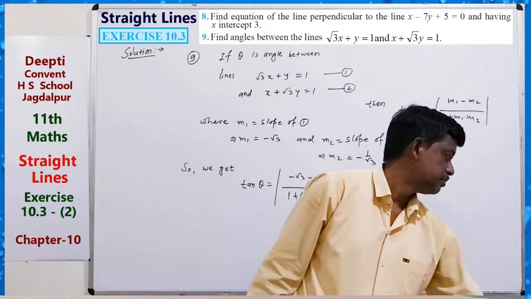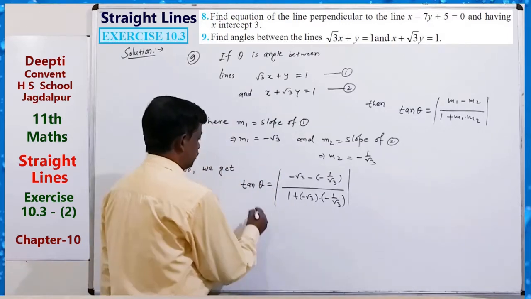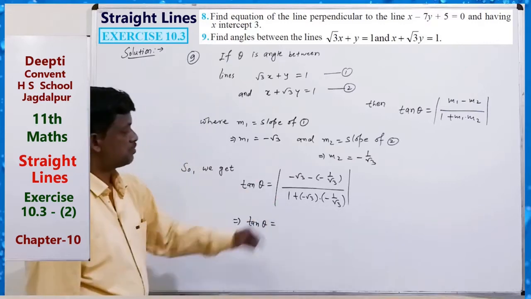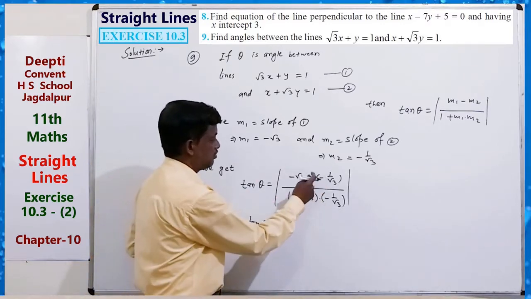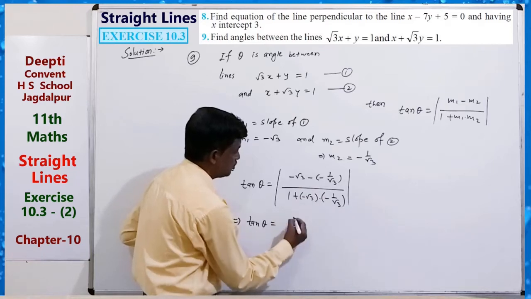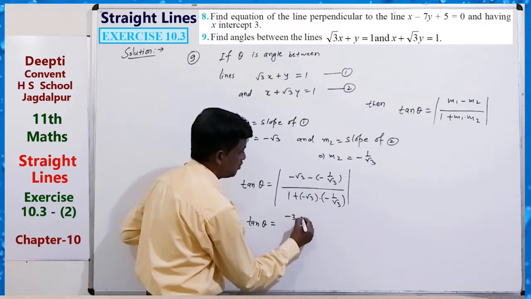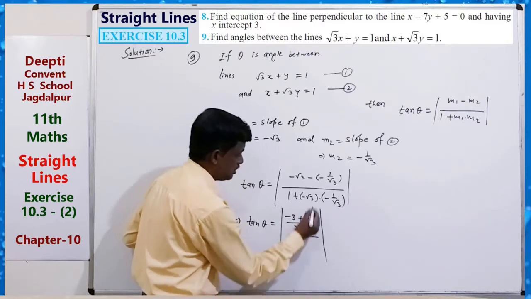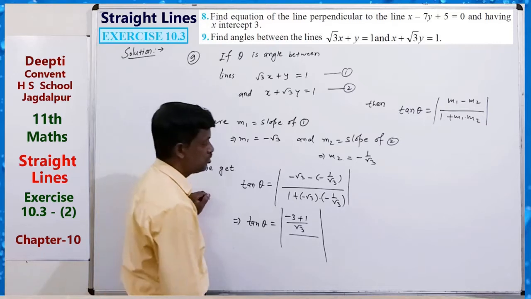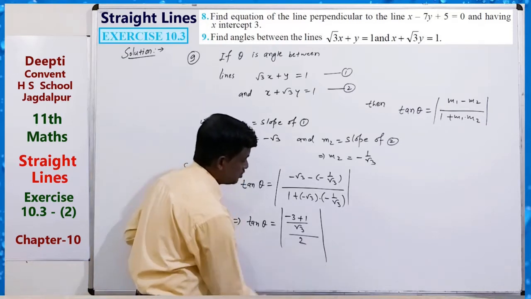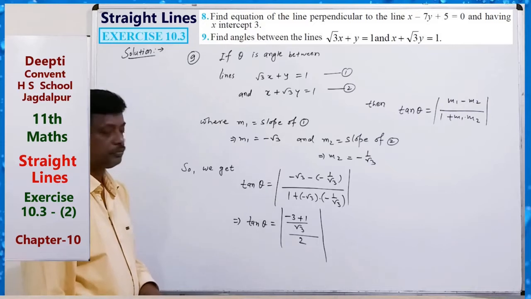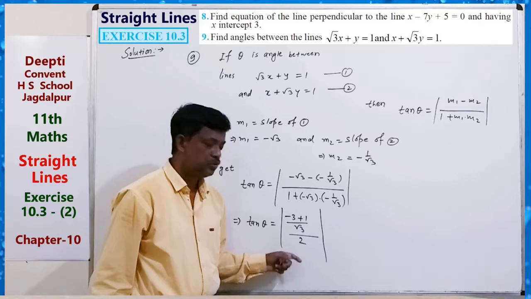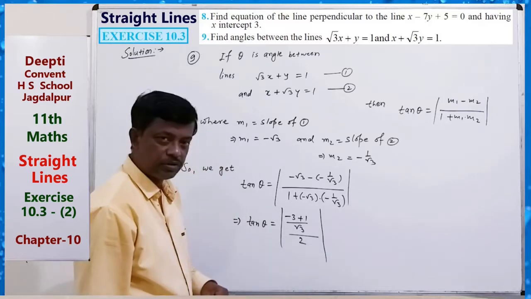What will we get from here? Minus minus plus, minus minus plus. So minus 3 plus 1 upon root 3, upon here minus minus plus, root 3 cancel 2. So we can see that minus 2 upon 2 cancel. So minus 1 by root 3 equals 1 by root 3.